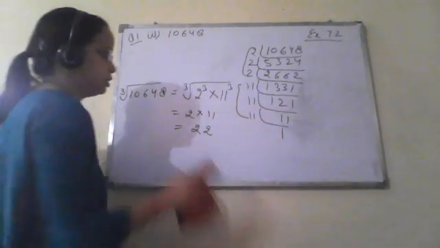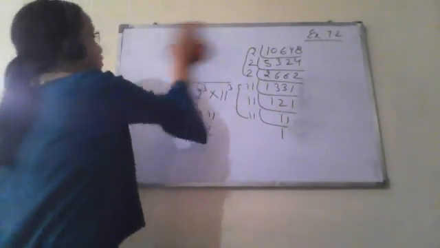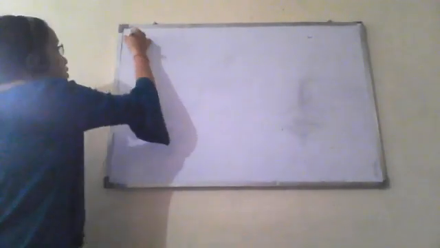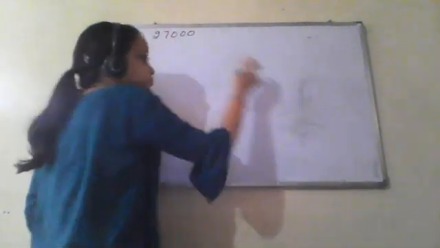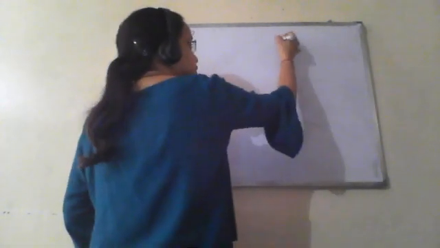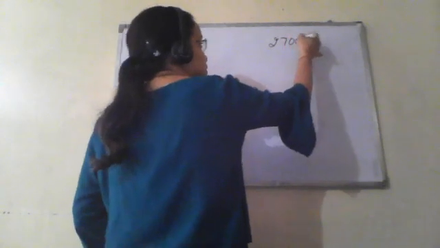Now next part. Fourth part is 27000. So this is 27.